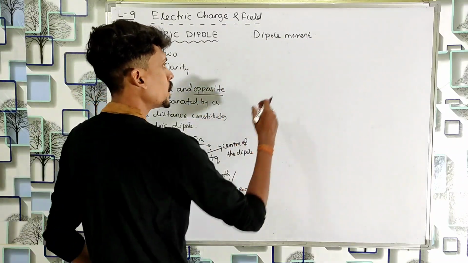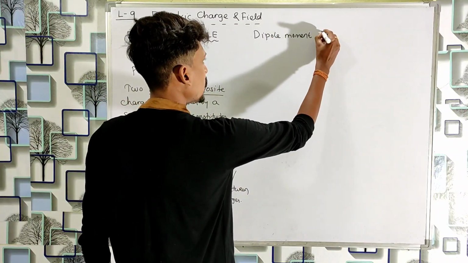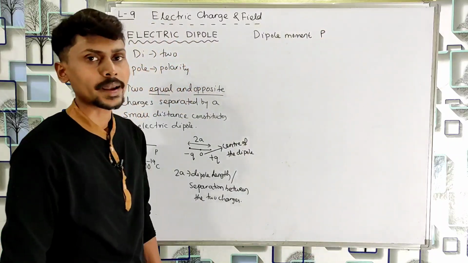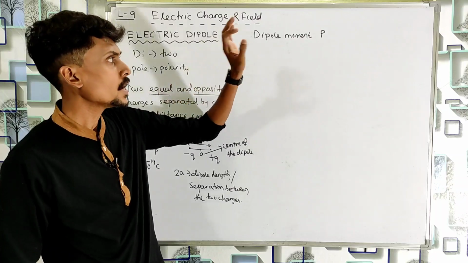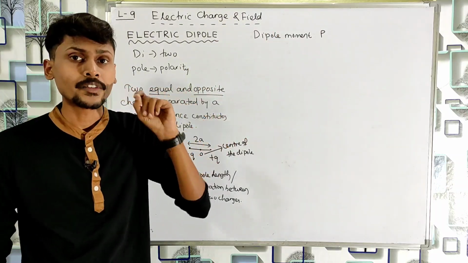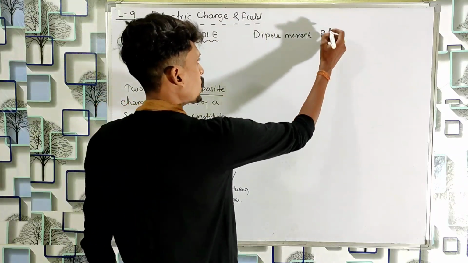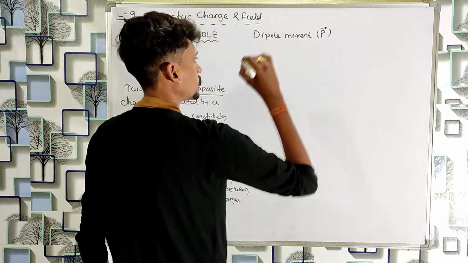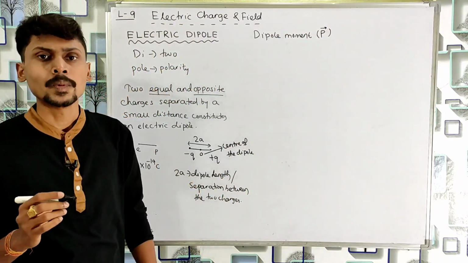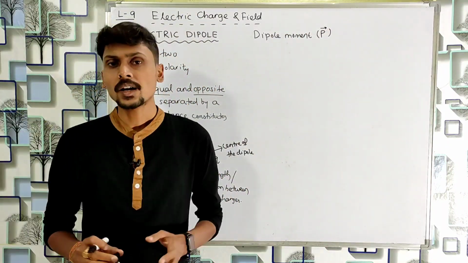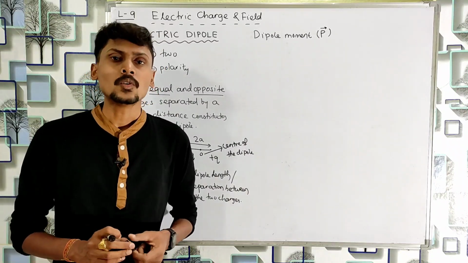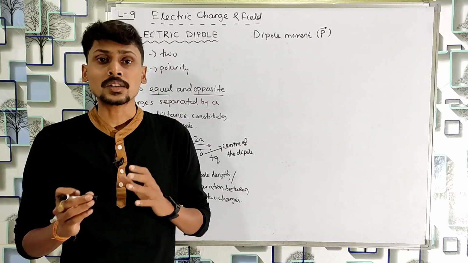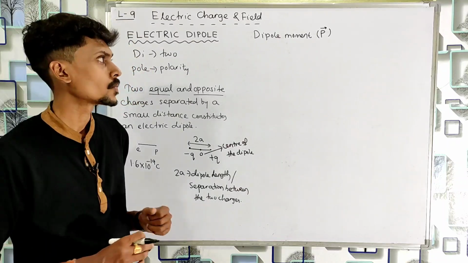Dipole moment is denoted by the letter P, and it is a vector quantity. Since it is a vector quantity, it must have magnitude and direction. Now we will discuss the magnitude and the direction of dipole moment.